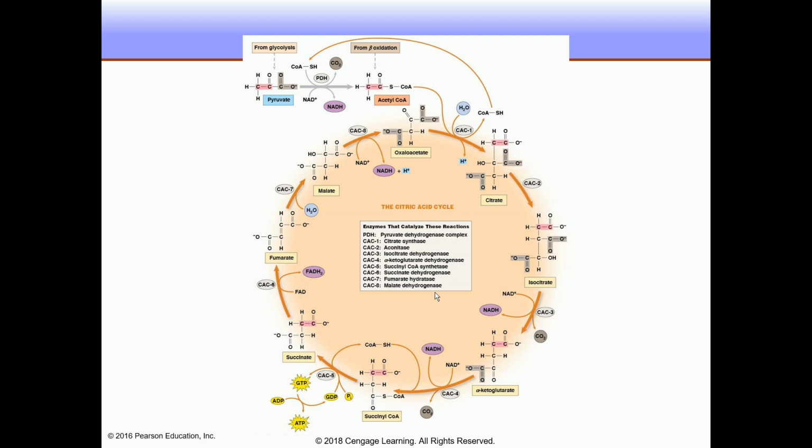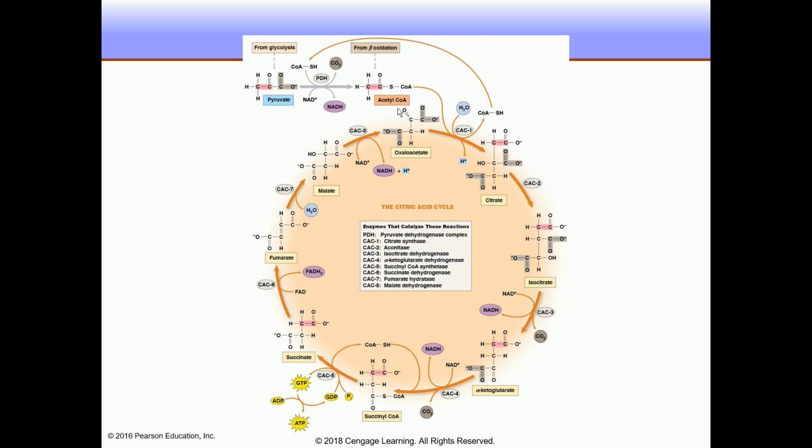So basically, an important thing to know here is that this citric acid cycle has to be operated 2 times. Why? Because if you remember, from one molecule of glucose, how many molecules of pyruvate are formed? 2. So these 2 molecules of pyruvate get converted into 2 molecules of acetyl coenzyme A. In one cycle, one acetyl coenzyme A enters at a time.